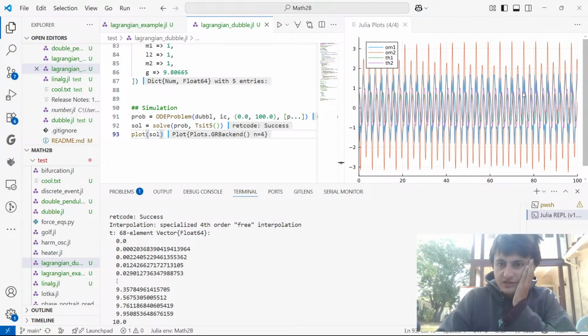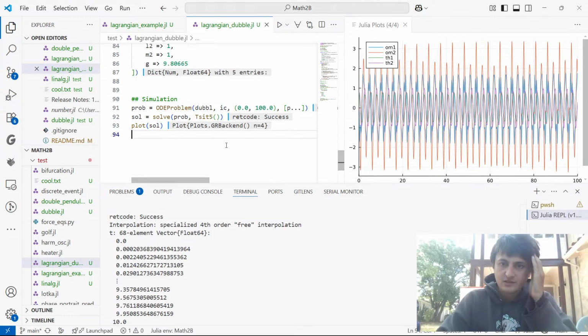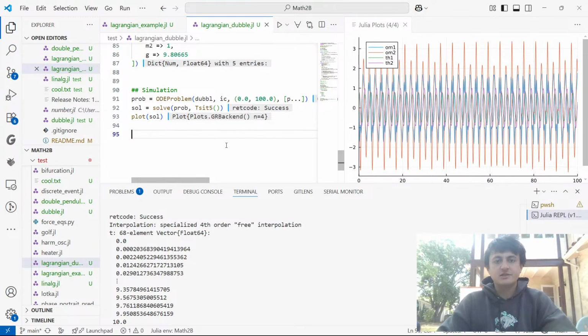This looks periodic, bruh. Okay, so we need to visualize the animation.